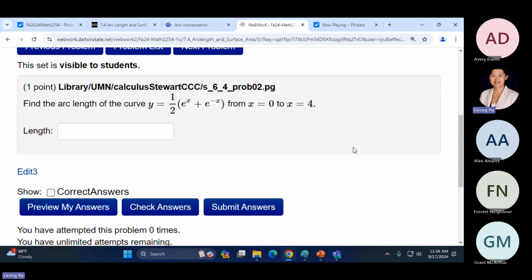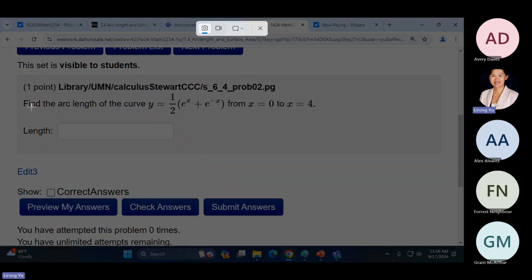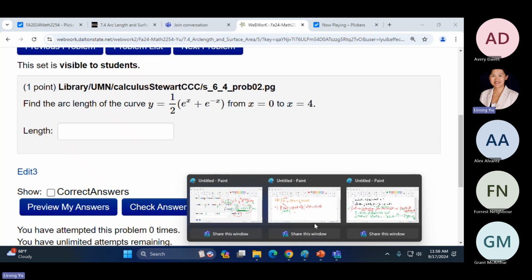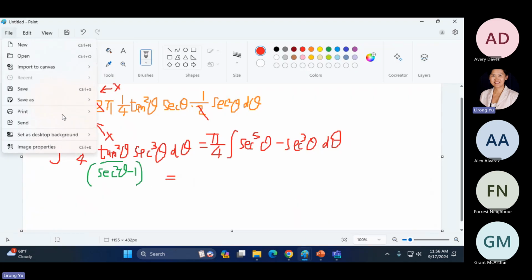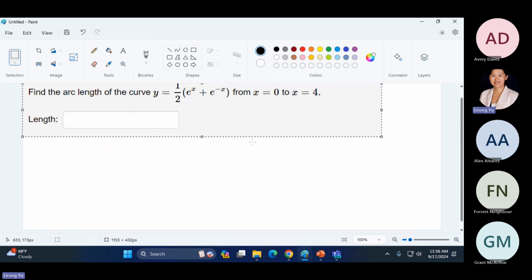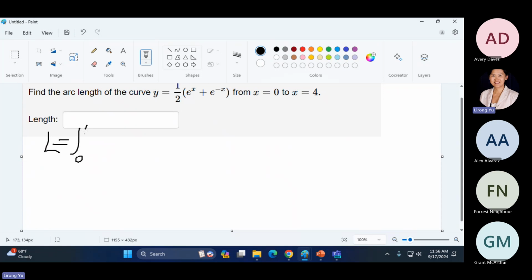So this is question number 5, and this is the one that we may have to work through. I think I mentioned that if you have to do the calculation for the arc length, make sure you pay attention to the root. Analyze what is under the root really well. So we're going to calculate the length of the curve, 0 to 4.